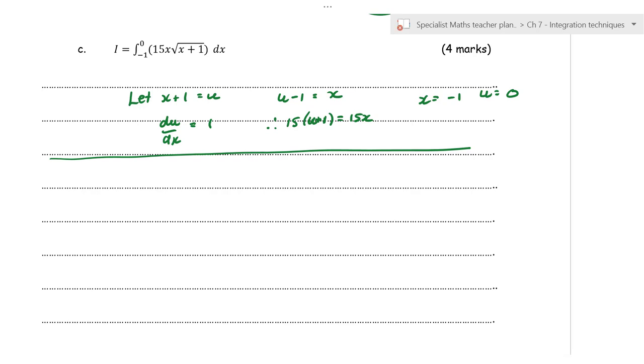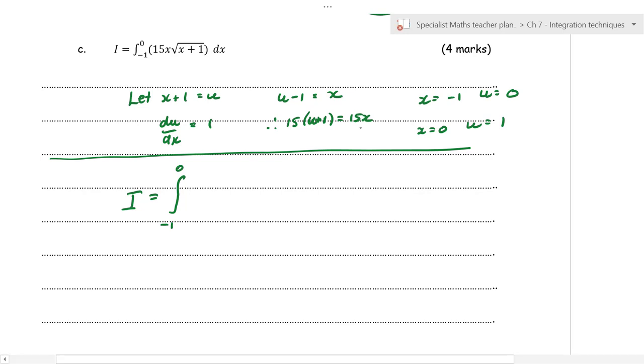Now, if I can get back to that, when x equals 0, u is equal to 1. Now, therefore, what we can say is I is equal to, keep your thingies the same, and we're still looking for the chain rule in reverse. Du dx happens to just be 1, so that's quite nice.